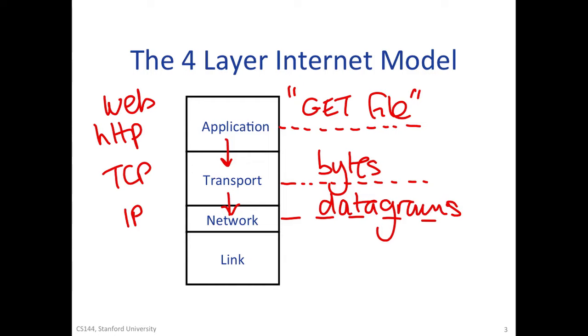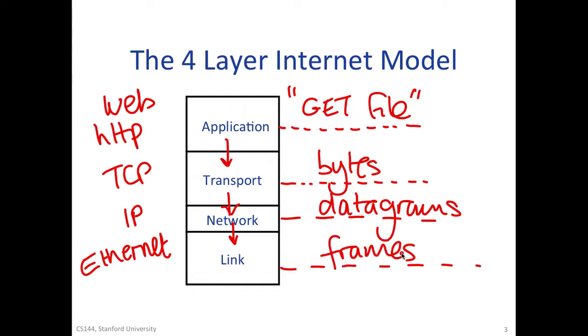But first, before that datagram can even go out onto the wire, we need to put it onto a physical link. And the most common physical link used in the internet is something called Ethernet. There are a whole variety of them, like Wi-Fi and various other kinds of link. But this is going to send Ethernet packets, and Ethernet packets are often called frames. And these contain the Ethernet address, and then finally that Ethernet frame will go out over the link.